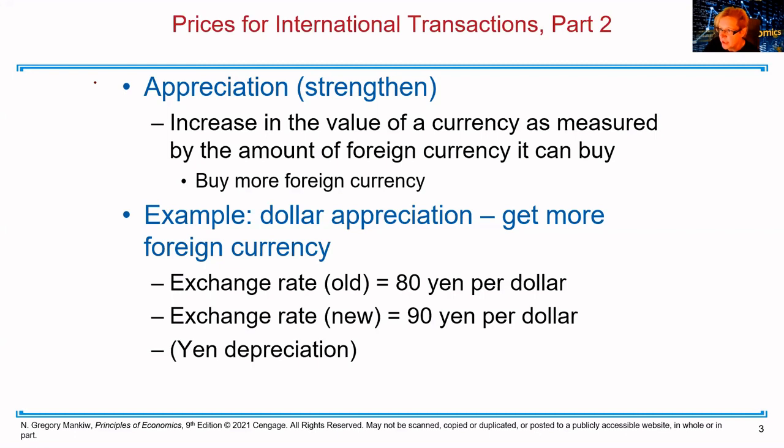And because we're in the United States, we look at what the dollar is doing. If the dollar is appreciating, then we get more foreign currency. We said the US dollar was worth 80 yen. Now, if the new exchange rate is $1 is 90 yen, that means we're getting more yen for each dollar, which means the dollar is appreciating.